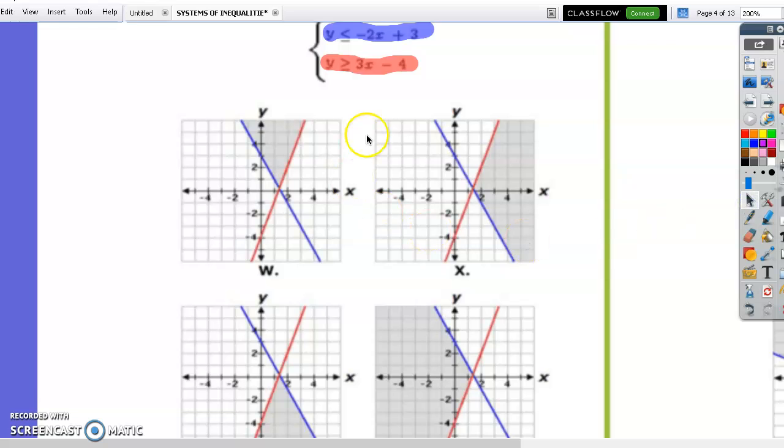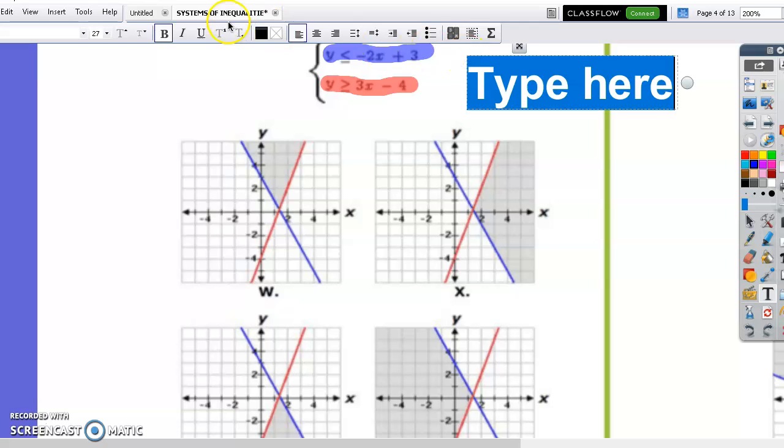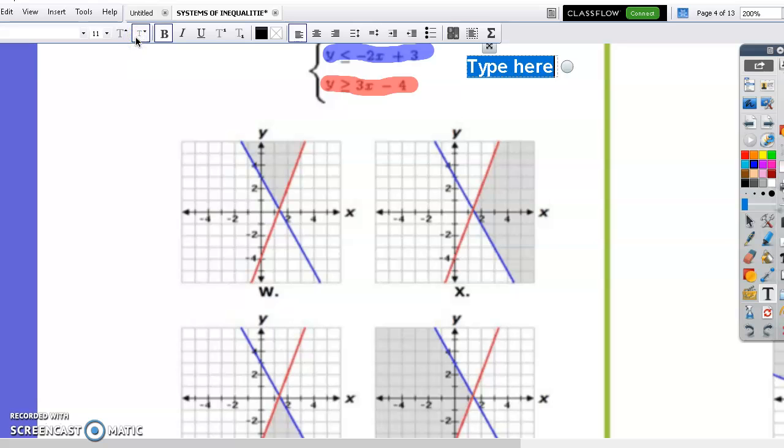Now, the next task is very easy. They both have a line underneath it, which is why both lines are solid. They're not trying to trick you there at all. So for your blue line, it's a less than or equal to sign. So since it's less than, for our blue line, we should be shading under, I'm sorry.